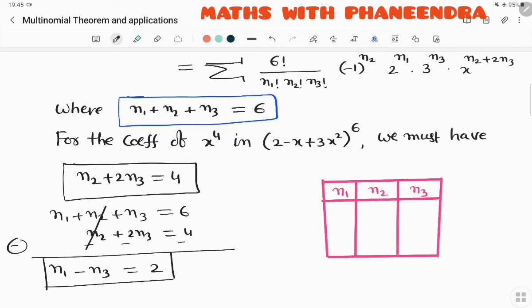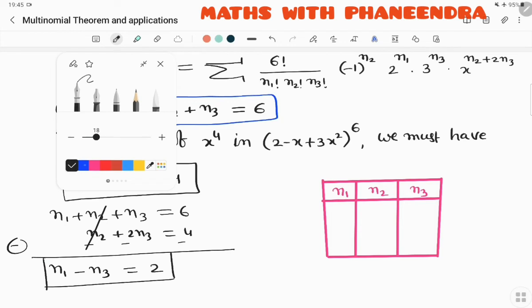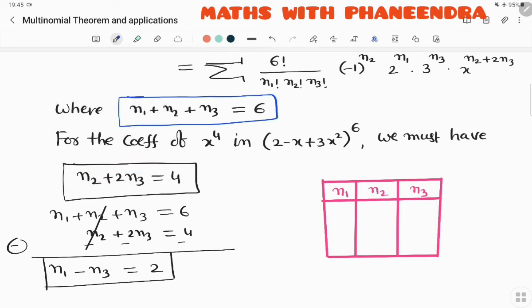So based on these three, we will see what the possibilities are. Ultimately the power should be equal to 6 only. So by different combinations, suppose you take n1 is equal to 4 and substitute in this last equation, n3 should be equal to what? 4 minus 2. So 2 only will come. So obviously n2 value is 0.